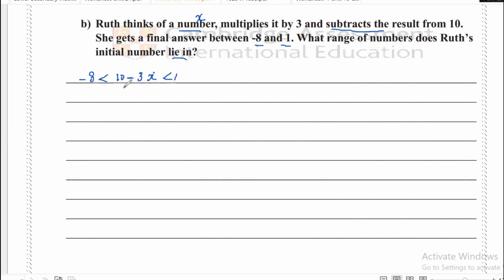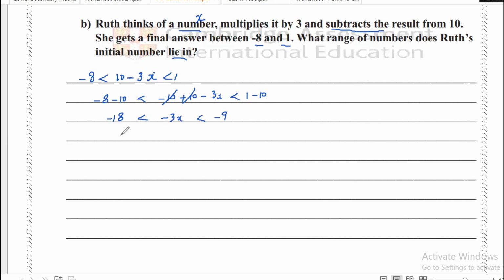First, we can remove 10 by subtracting 10 throughout, like minus 8 minus 10, and here minus 10 plus 10, minus 3x less than 1 minus 10. So this gives me minus 18. Here minus 10 plus 10 cancel, so minus 3x less than minus 9.